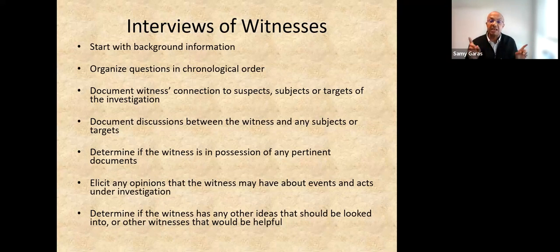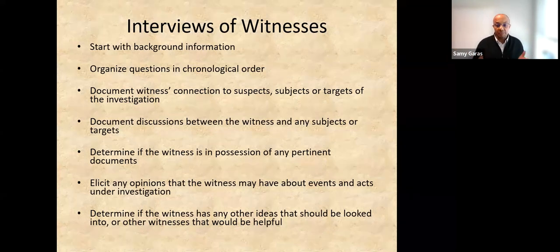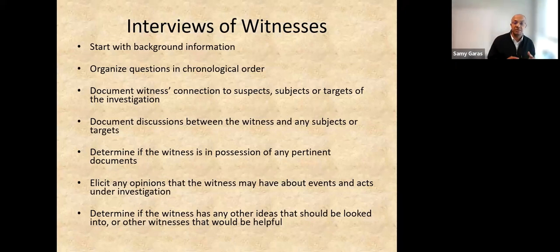A good example is any emails or social media communication between the suspect and the witness. Determine if the witness is in possession of any document, because some witnesses might have some kind of document or digital information exchanged between the witness and the suspect.